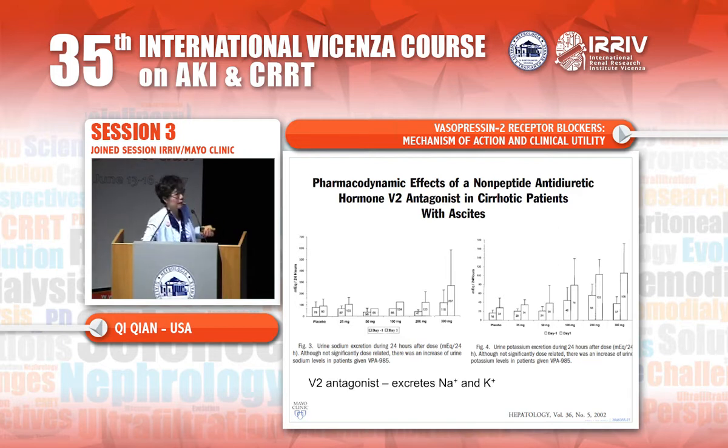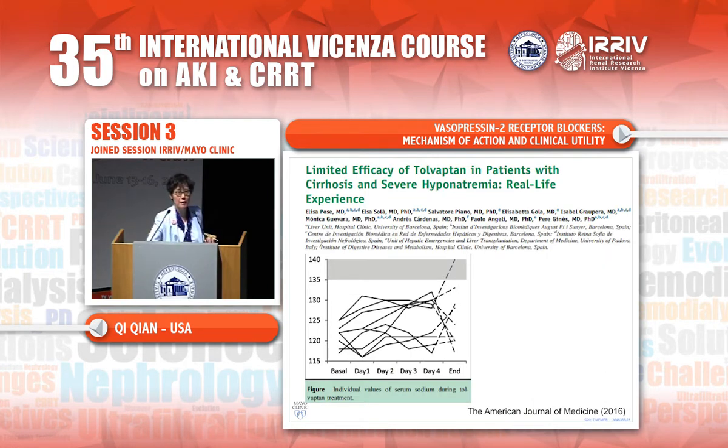But the rest of the studies are very non-impressive. This is a recently published small study in patients with cirrhosis with ascites and a very low serum sodium concentration of less than 125, and the nine patients essentially didn't show much difference.